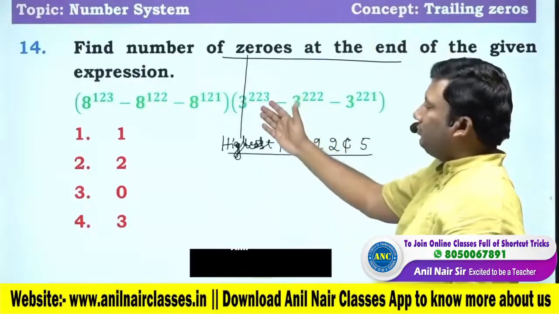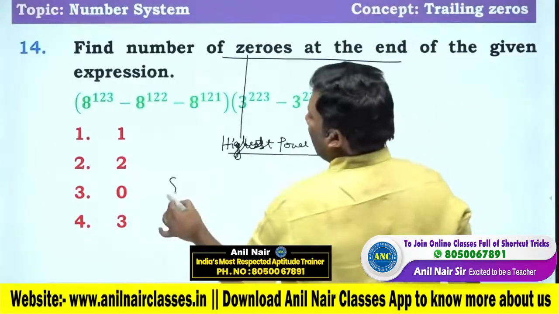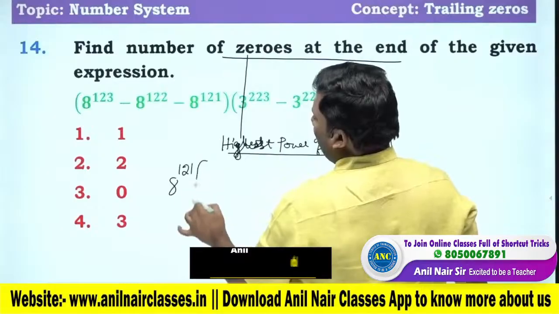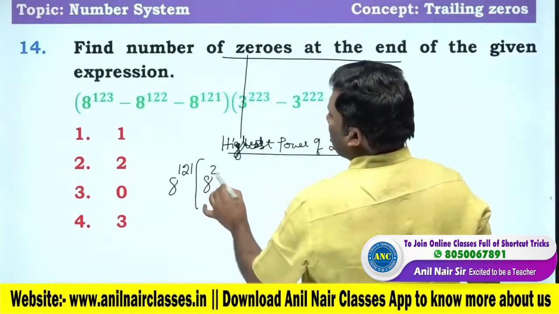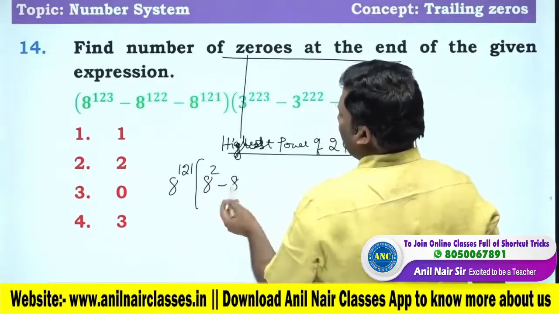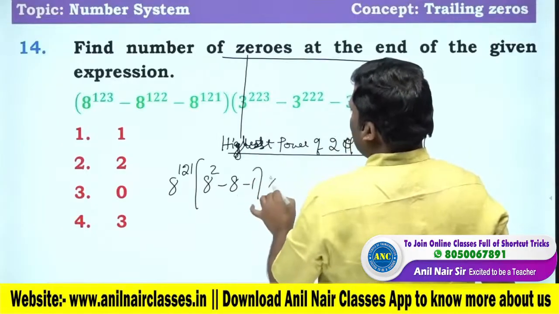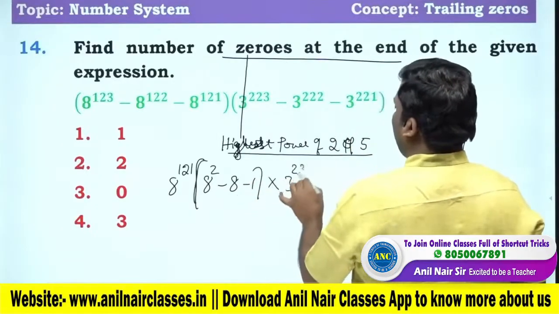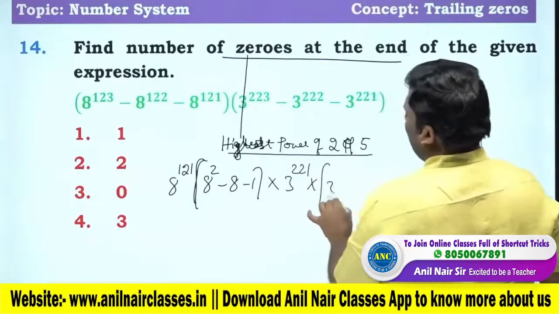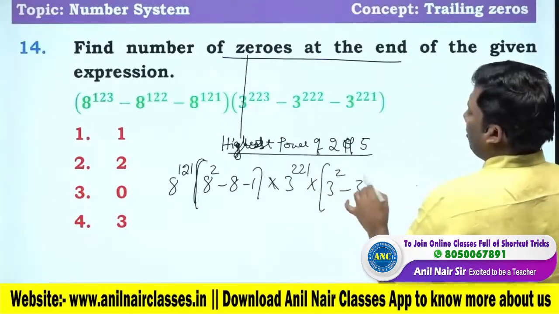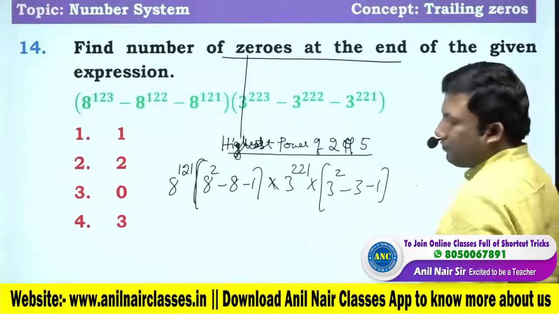Now let me take common: it is 8 power 121, and this will be 8 square minus 8 minus 1. This will be 3 power 221 common, and this will be 3 square minus 3 minus 1.